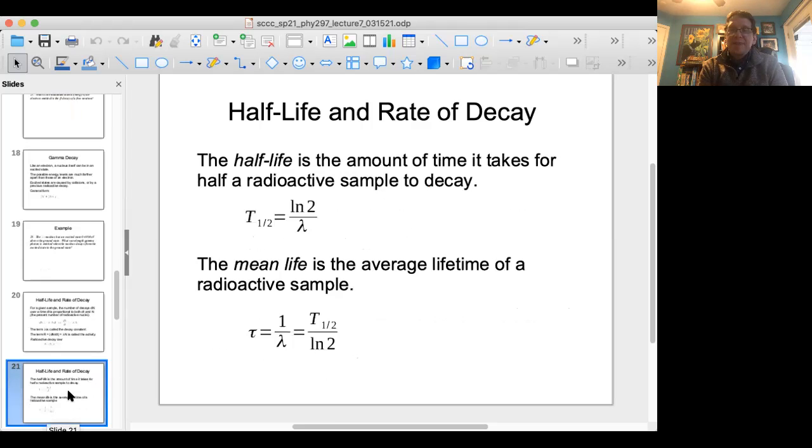And then the half-life is the amount of time it takes for the radioactive sample to decay by half. That's equal to the natural log of 2 divided by the decay constant. And the mean life is the average lifetime of a radioactive sample, which is just the inverse of the decay constant. That's equal to the half-life divided by the natural log of 2.